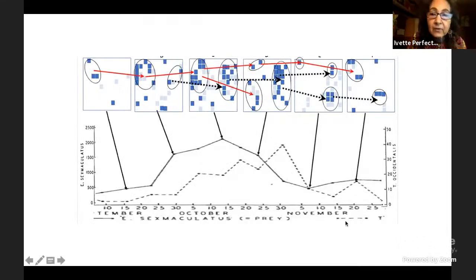And going back to Huffaker's classical experiment, we can zoom in on one of the mite predator-prey cycles. This is one of the cycles here.